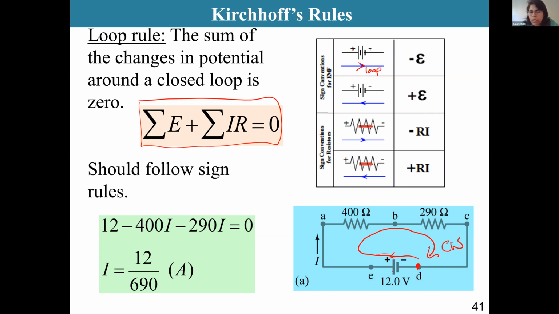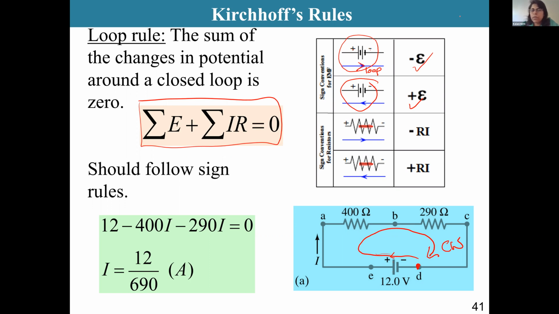And then my positive terminal is on my left side, the same direction as my loop direction. Then my epsilon will be positive. In this case, that is positive. But if it is in the opposite direction, your epsilon is negative. Epsilon is the voltage of the battery or power supply. Okay, that is one sign rule.